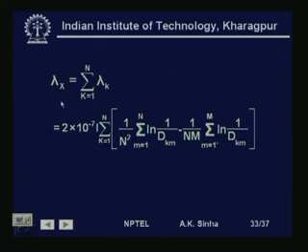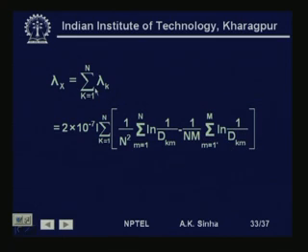Now, what will be the total flux linkage of the conductor X? That will be the summation of all the flux linkages of each subconductor in that system of conductor X. Therefore, lambda x is equal to summation k is equal to 1 to n lambda k, which will be equal to 2 into 10 to the power minus 7 I sigma k is equal to 1 to n of this term, that is 1 by n square sigma log n 1 by dkm minus 1 by nm sigma log n 1 by dkm.